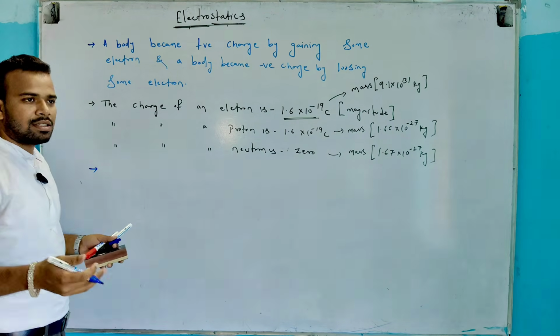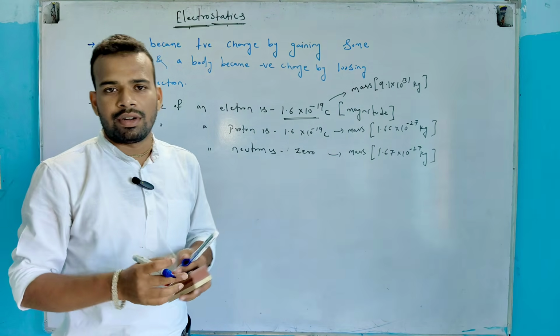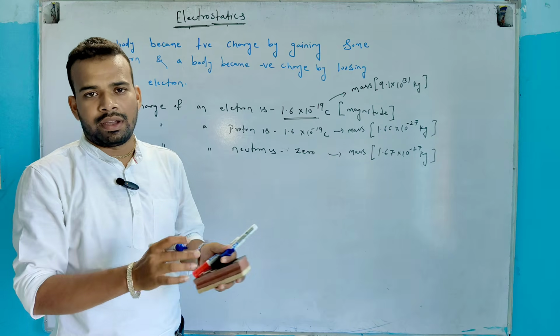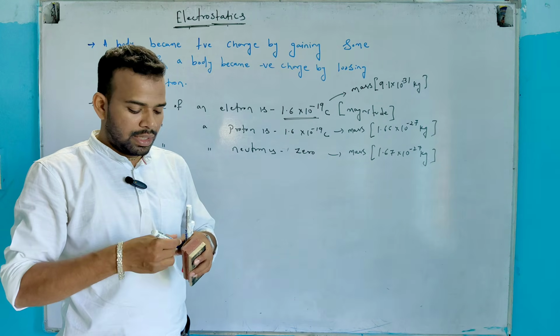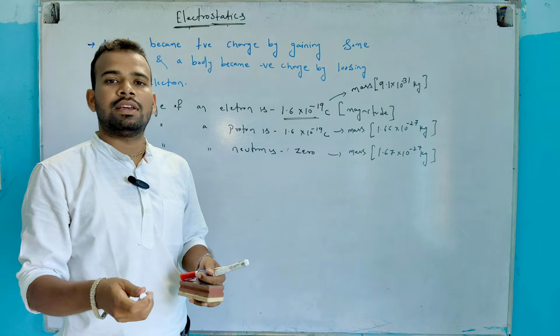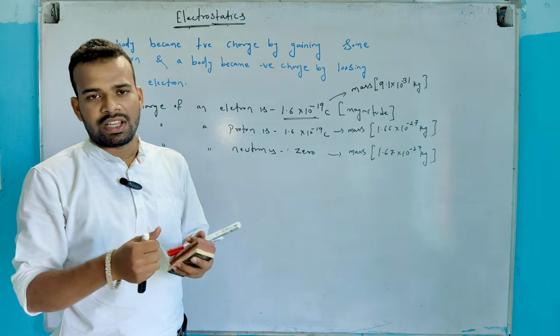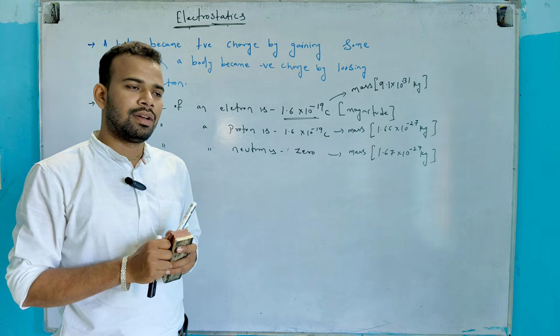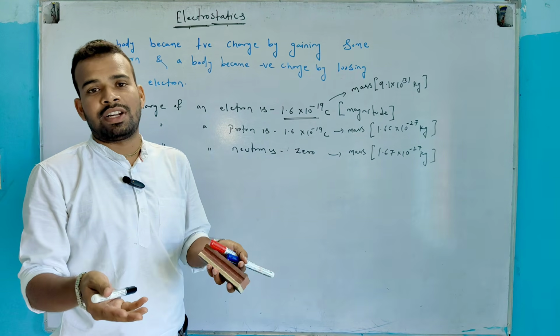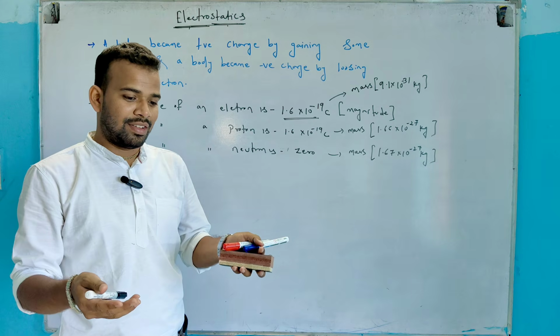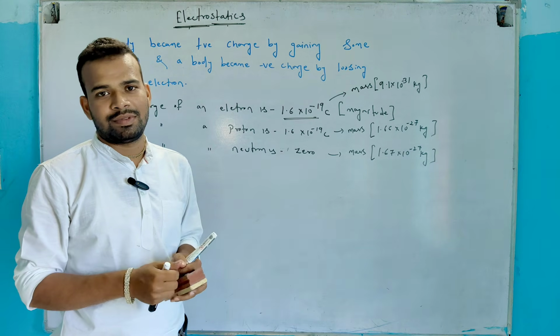If we apply some charge to a symmetrical body, the charge is equally distributed everywhere. But if we give some charge to an unsymmetrical body, then the charge is distributed unsymmetrically.